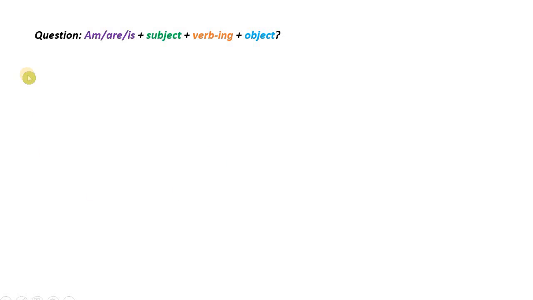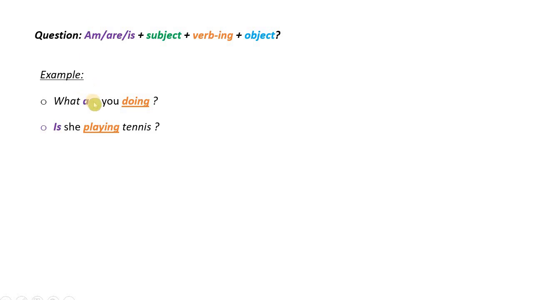Concerning the question form, as we always say, we start with the auxiliary to be, and then we add the subject, then you add the verb. Here in the present continuous we have auxiliary to be, subject, and verb plus ing. For example, what are you doing? What is a WH word.